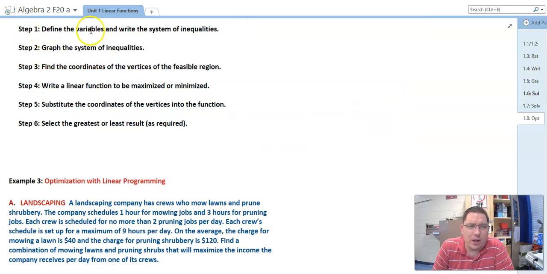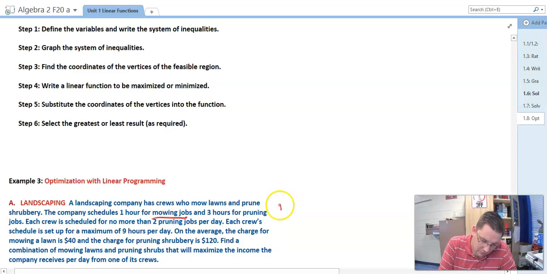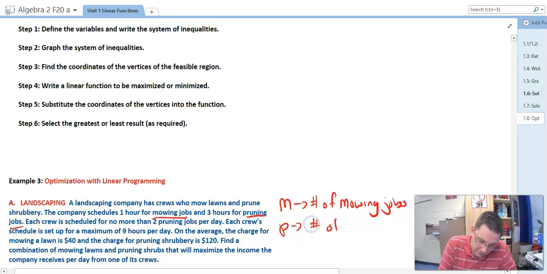Step 1 says to define the variables and write the system of inequalities. And so when we look at this problem, our first variable in the problem is mowing jobs. And so M will be the number of mowing jobs. And P will be the number of pruning jobs.